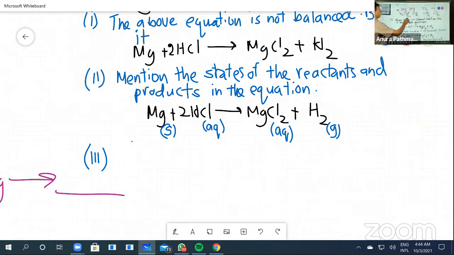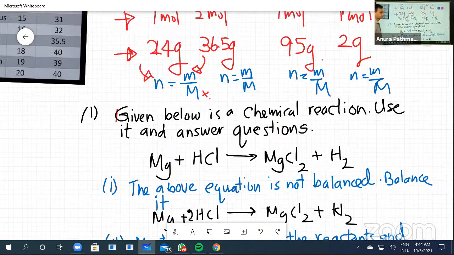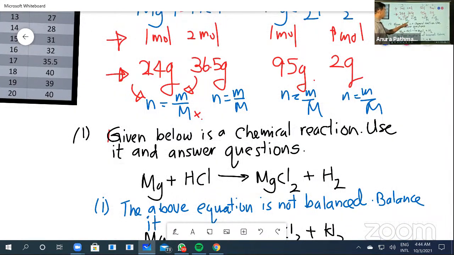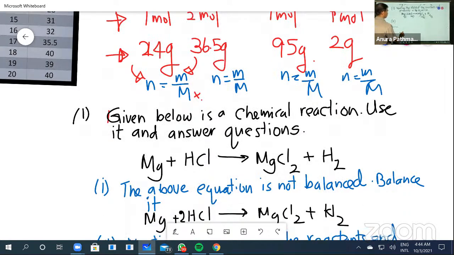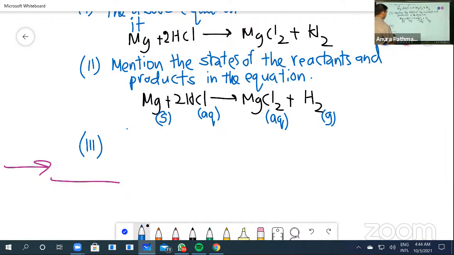I told you that I'm going to use this equation to make the question based on it. I told you that I will give you a simple question.